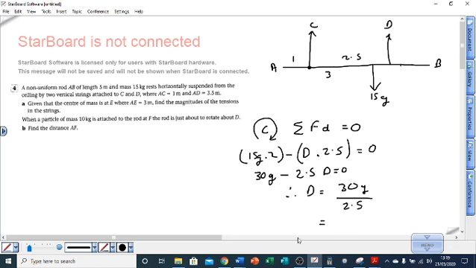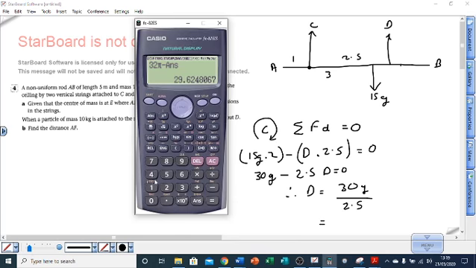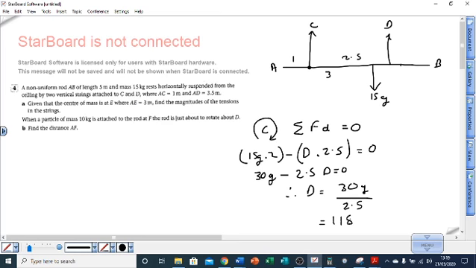Okay, and I'll just do it as a fraction. 30 times 9.8 divided by 2.5 is equal to, and I get it, because we've got g involved, it's got to be to 3 sig fig, so it's 118 newtons.